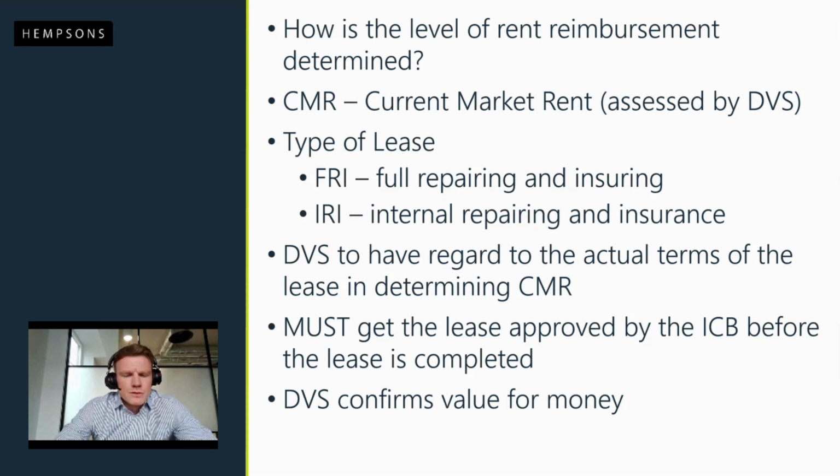So the fundamental point from a GP's perspective is to make sure to get the actual lease itself approved by the ICB, having been advised by the district valuer, before you are committed to that lease. It's only with that approval that you can be sure that you will get the reimbursement.